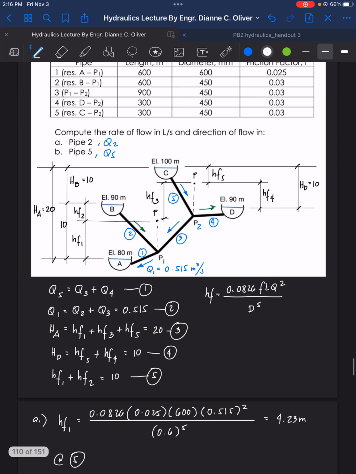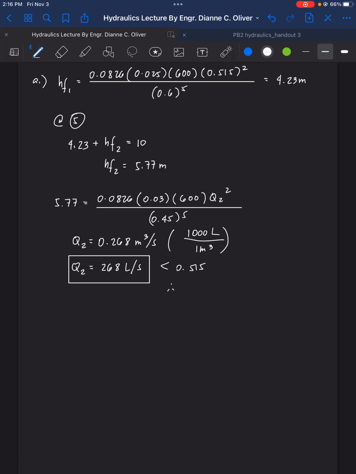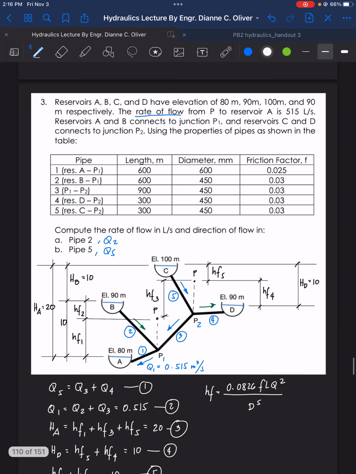The assumption here is downward, it is therefore from reservoir B towards P1. That is for letter A. Now letter B, pipe number 5.